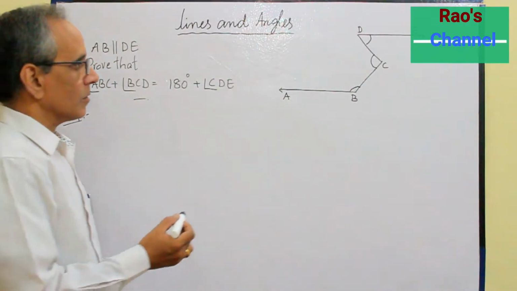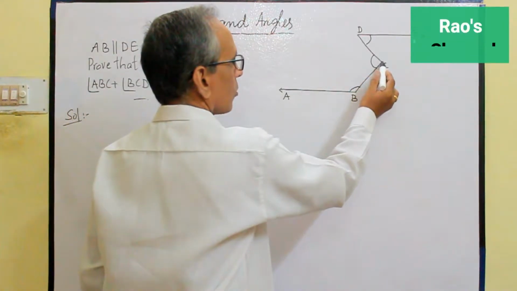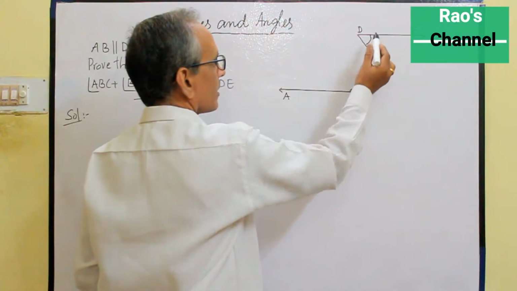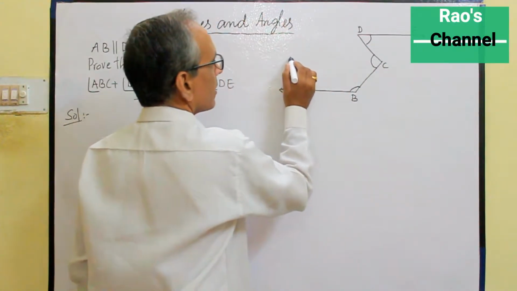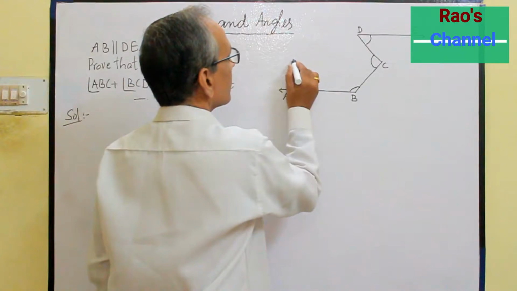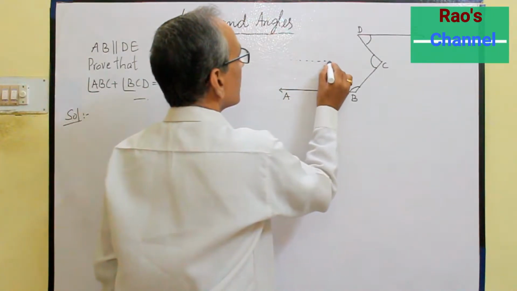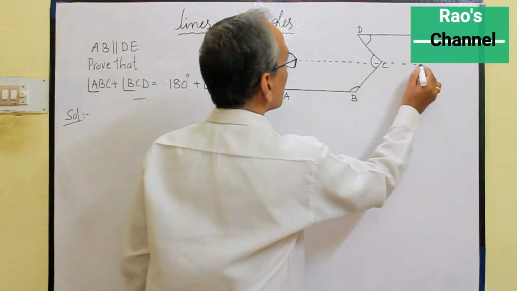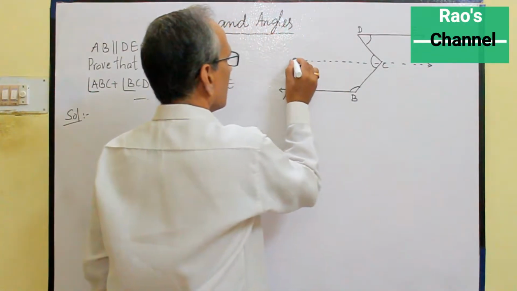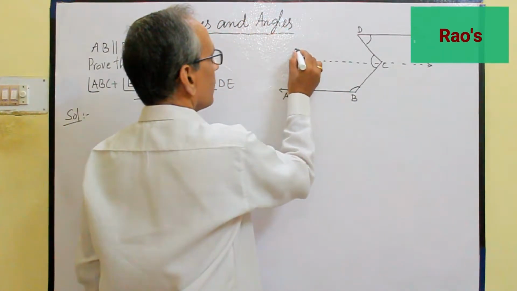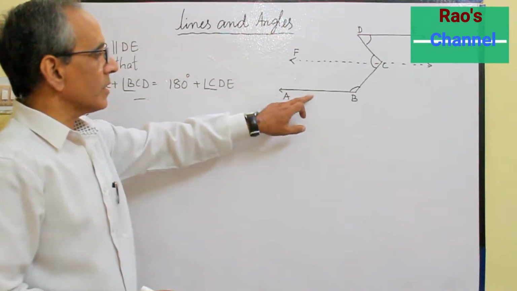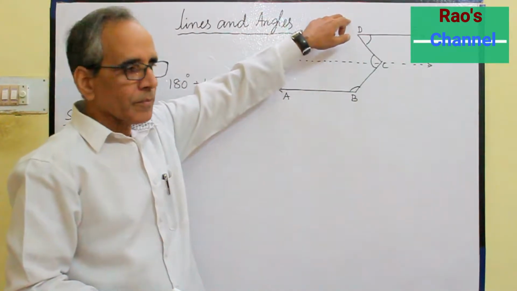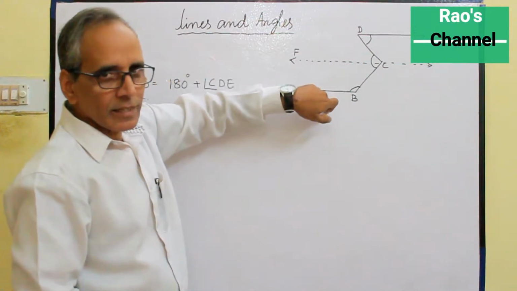To prove that, you have to draw one more parallel line through C, parallel to AB or CD. I am drawing here the line CF. So this line CF is constructed parallel to AB. Since AB is parallel to DE, it is parallel to both of the lines.